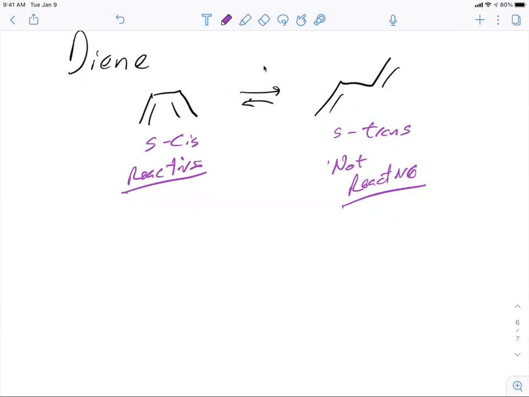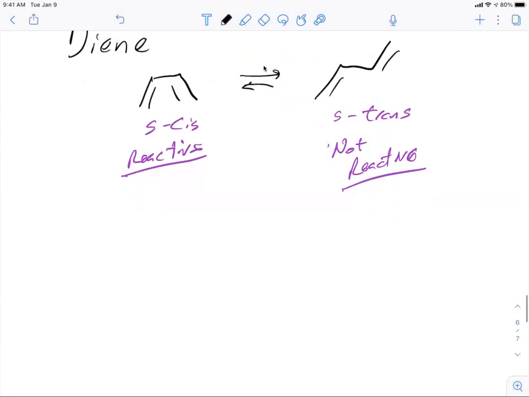Now, S-cis is not as thermally stable as S-trans, right? So therefore, you're already kind of fighting the conformation. So one of the useful dienes are things that are already locked in that formation, right? So if we look at cyclics like this, where they're already formed into the S-cis formation, those are going to be the ones that work the best, right?